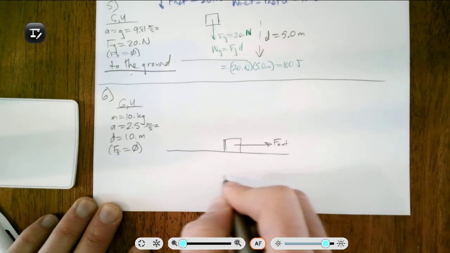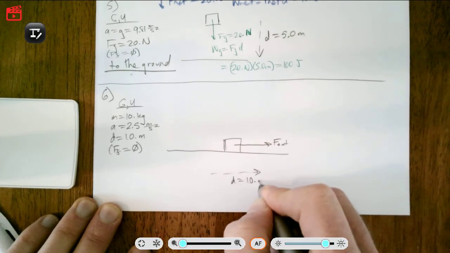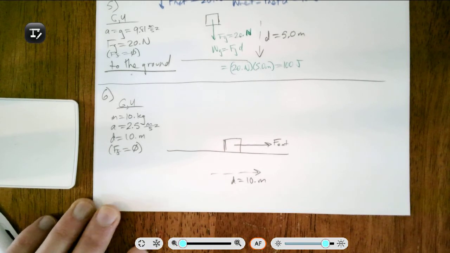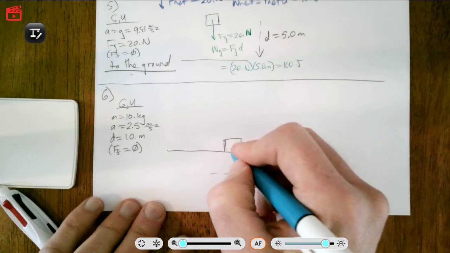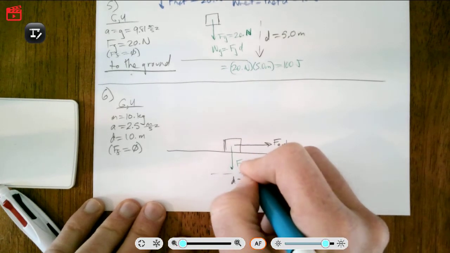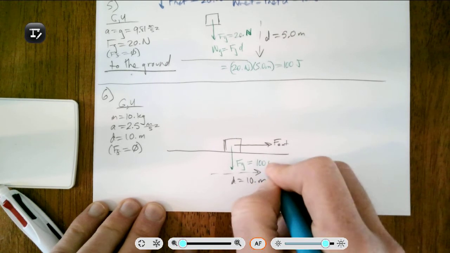Alright. So, displacement here, 10 meters. Alright, what we got going on here? Well, we know there is an Fg. Now we can approximate this at 100 newtons.